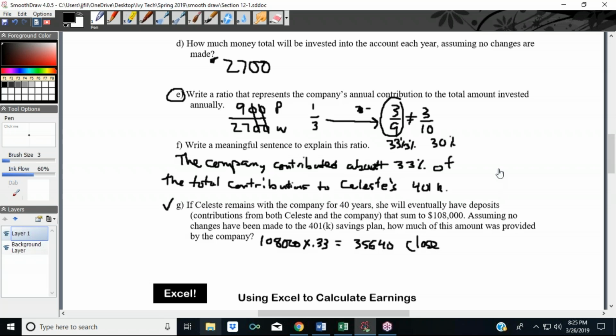So who did something different other than multiplying by 0.33? So Kayla says that she divided by 3 because the company provides 1/3. So what did you get when you divided by 3? 36,000. And did anybody do anything different besides multiply by 0.33 or divide by 3?